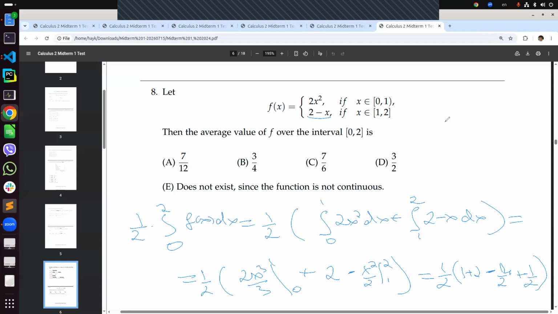What do we get? We get 1/2 of 4 over 3, plus 1 over 2. So it gives us 3 over 4. And this is the 3 over 4.